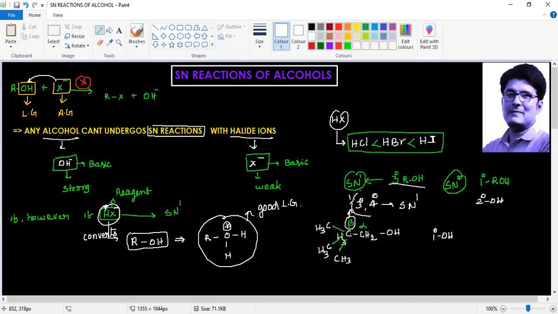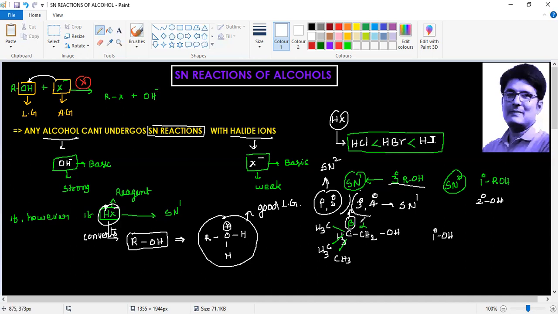If the beta carbon is primary or secondary, then it gives SN2. Very important points. Okay, now don't get confused. If you want, just go back and listen carefully.